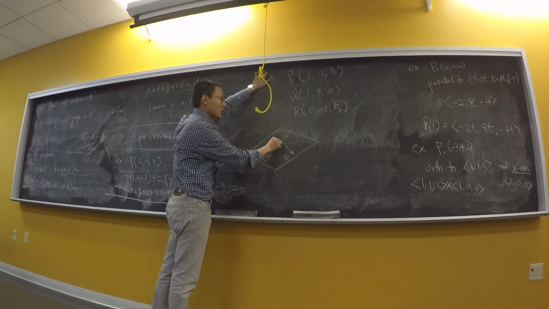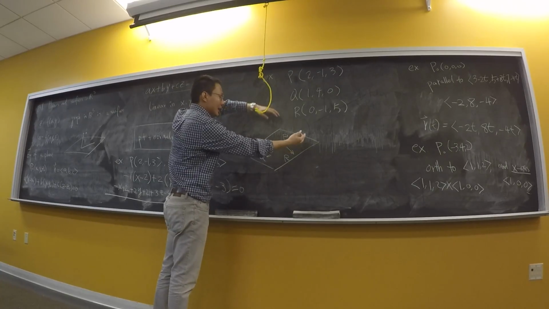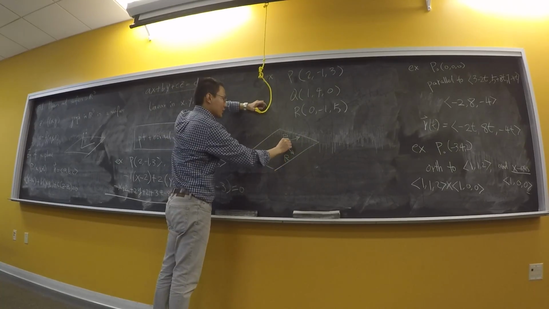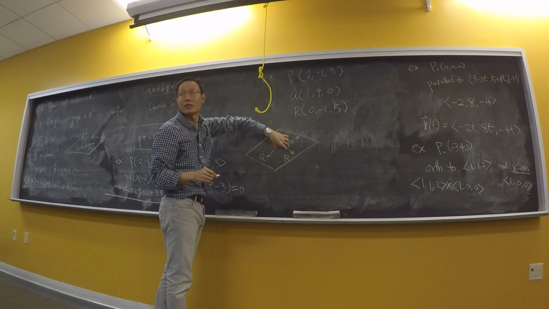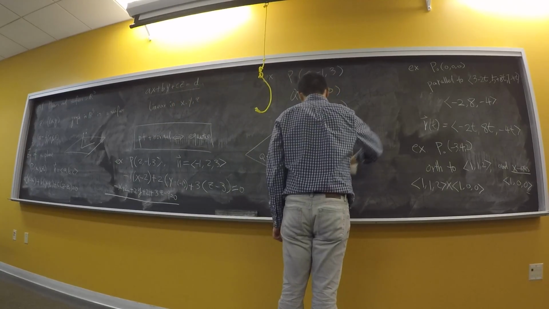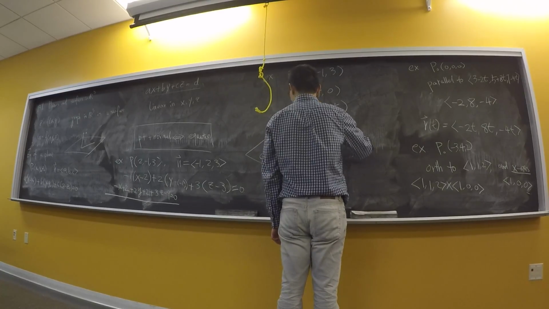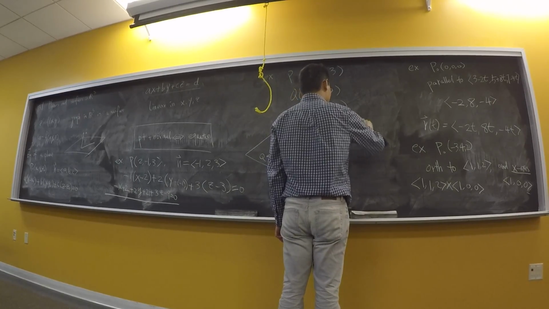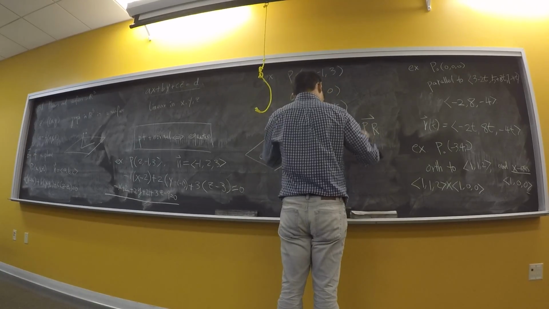I know the normal, by definition, has to be orthogonal to all the vectors contained in this plane. So I'm going to do a cross product between these two vectors. That's why we began by introducing the cross product. So I compute PQ as a vector, I compute PR as a vector, and I do the cross product.